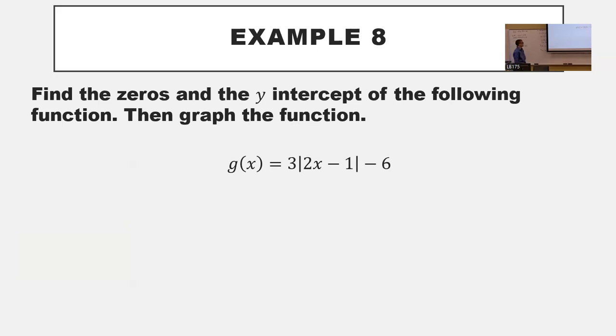Remember, zeros is just the term for the x values of the x-intercepts, at least when we have real numbers. Slightly different when we don't.